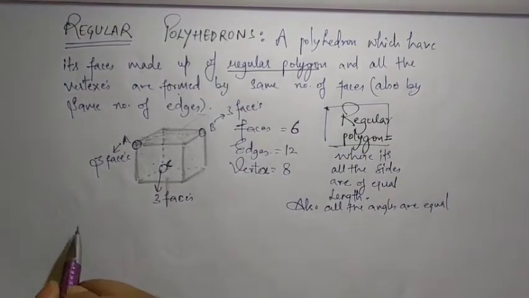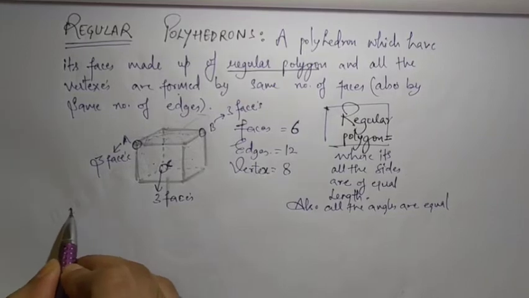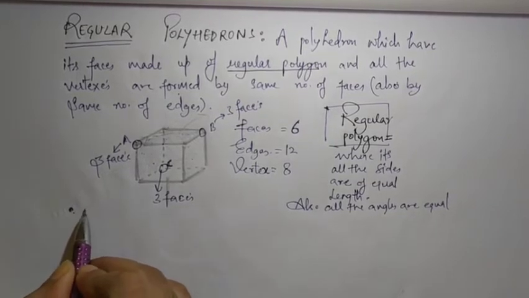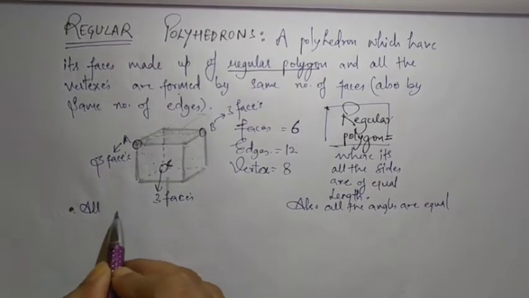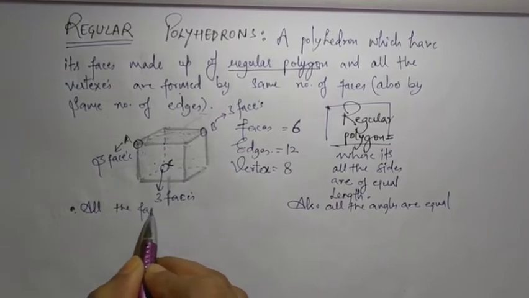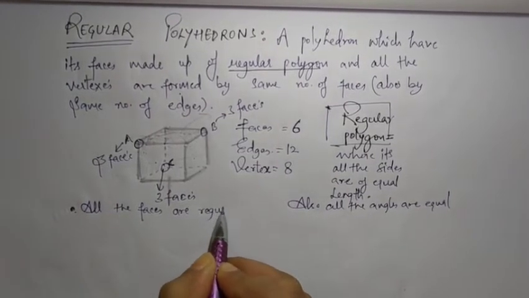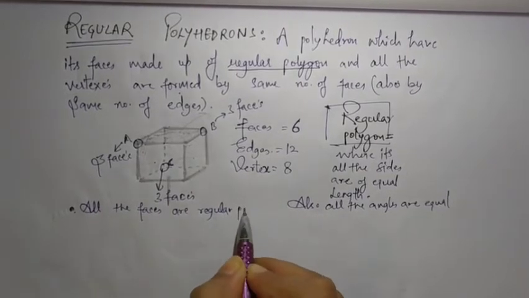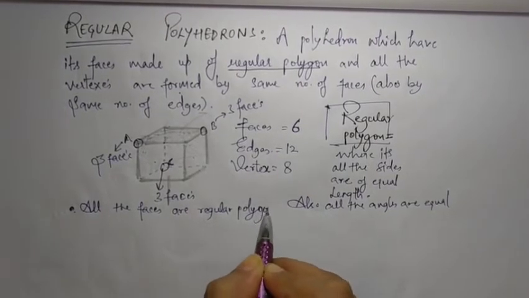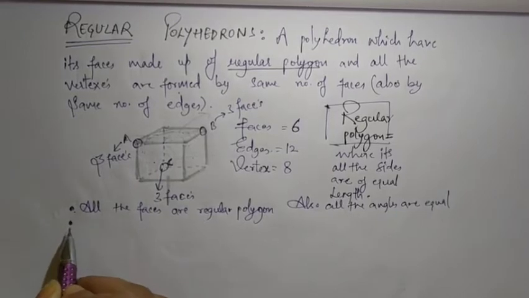So what was our first property? All the faces are regular polygons. And second, what was it?